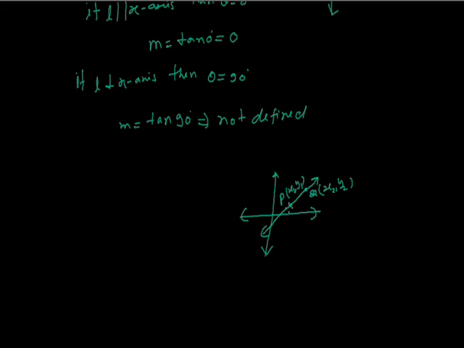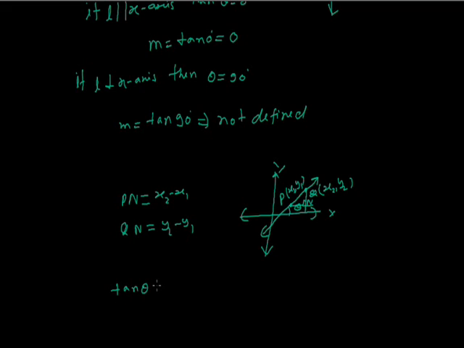Now if we want to find the slope of this line, suppose the angle is theta. Draw a line parallel to y-axis from point Q, and draw a line parallel to x-axis from the point P. Now this angle is 90 degree. Suppose this point is point N. Now here PN is equal to x2 minus x1 and QN is equal to y2 minus y1.